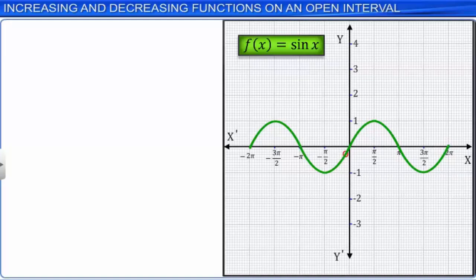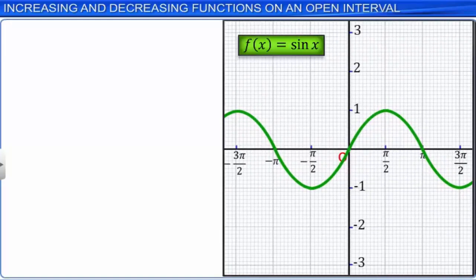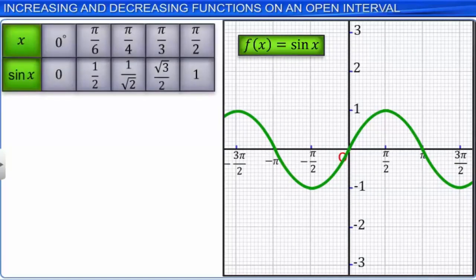If you observe the graph carefully between 0 and pi, you will see that as x increases from 0 to pi by 2, sin x increases from 0 to 1. That is, the height of the graph increases as we move from 0 to pi by 2 on the x-axis.